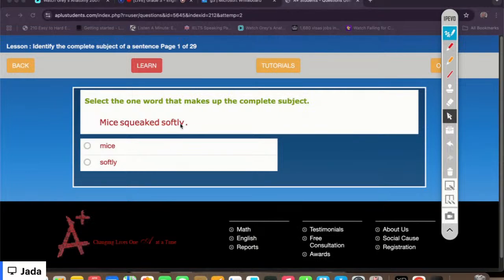All right, so we have, select one word that makes up the complete subject. Do share your answers with me, okay? Mice squeaked softly.